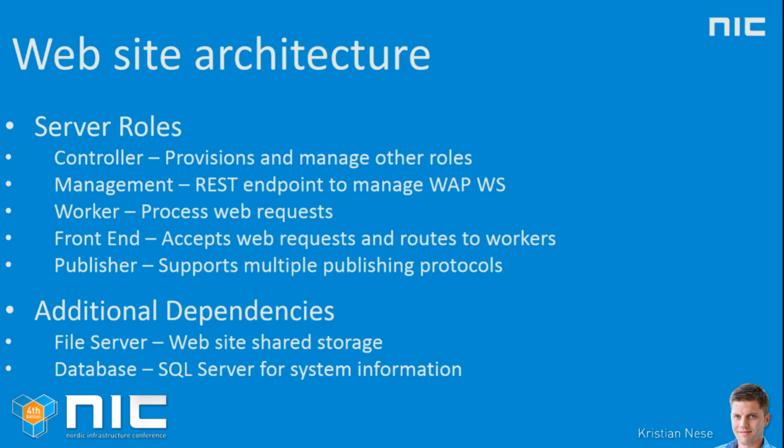We have front ends that accept the web request, as I will show you. And we also have publisher. In addition, the dependencies are a file server where we are downloading the application packages and so on, and also the database to contain the entire environment.